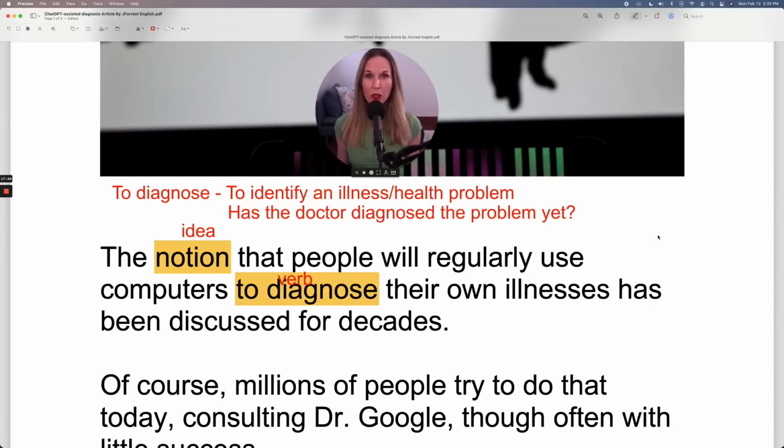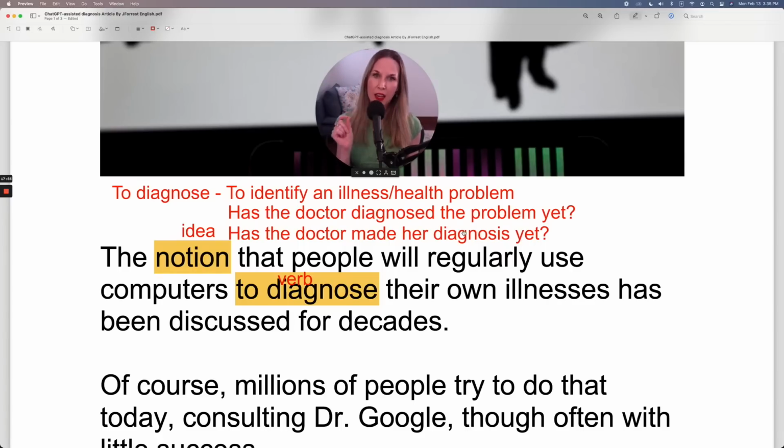Now, if we were to change that to our noun, you would change the sentence structure a little bit and you would say, has the doctor made her diagnosis yet? So you make a diagnosis. Make is the verb, which is in the past simple, and diagnosis is the noun. Exact same meaning, just different sentence structure.